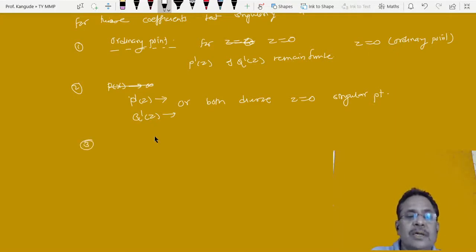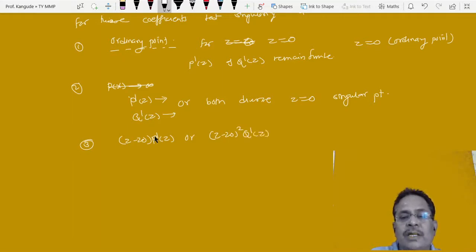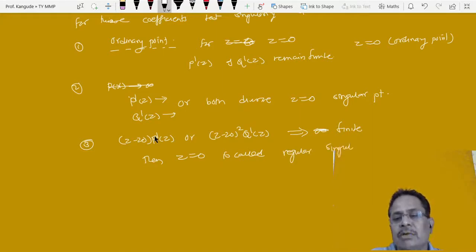And the third case, when z minus z0 into p dash of z or z minus z0 square into q dash of z, either of these, if they become finite, then z equal to 0 is called a regular singular point.